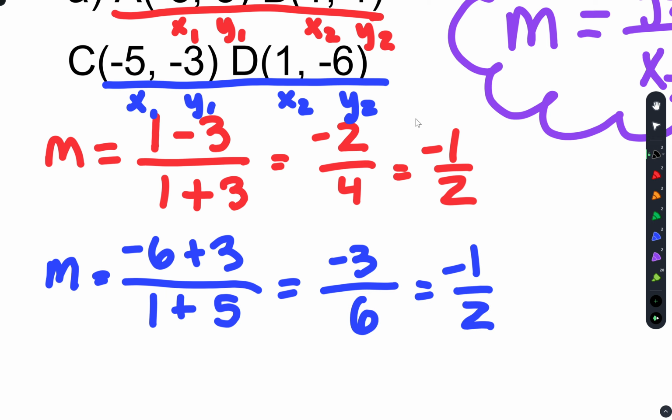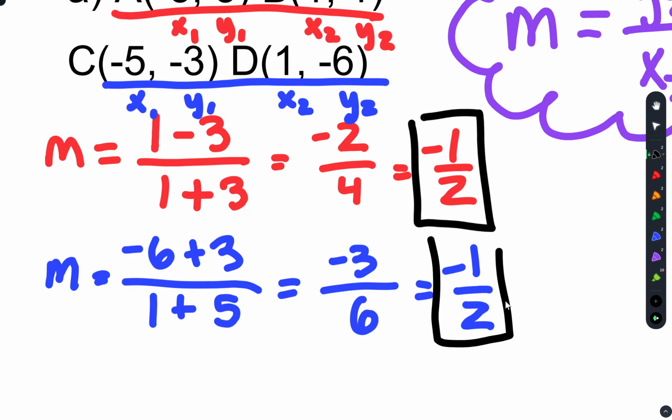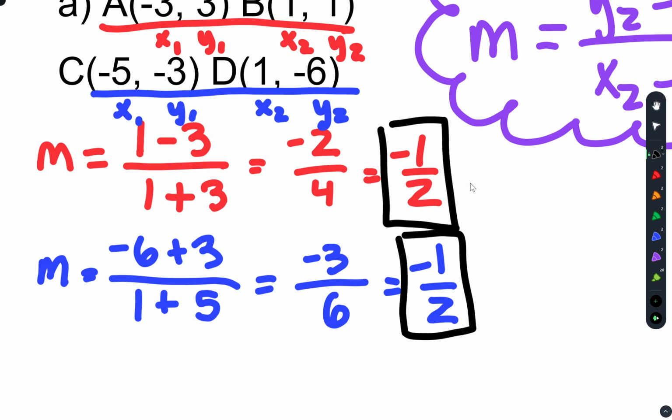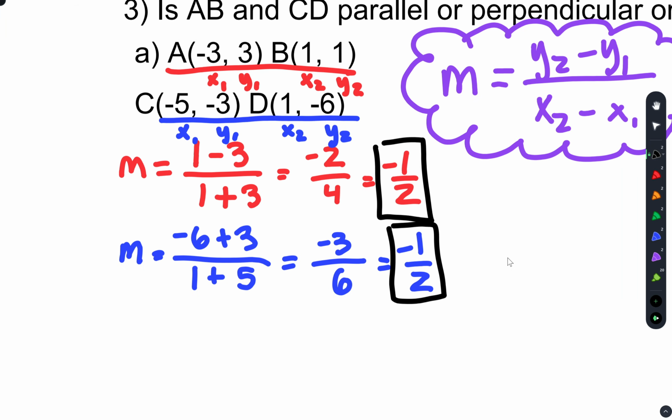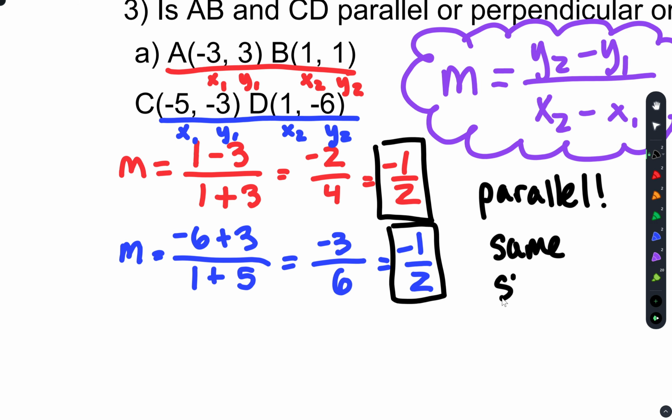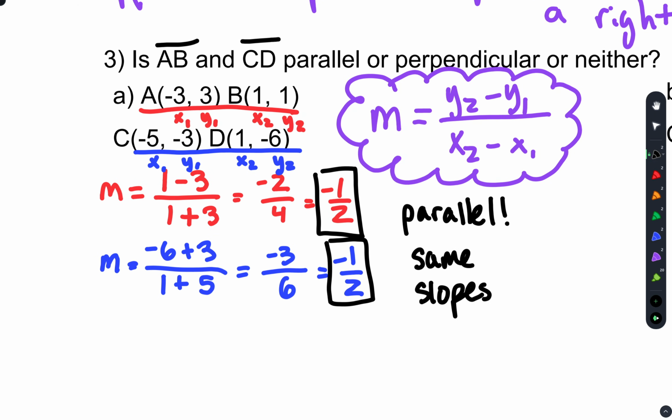So here are my two slopes. What can we say about these two lines? Casper. Why? Same slopes, so they're parallel. If you wanted to write this out a little nicer, we could say AB is parallel to CD. That would be the correct notation here.